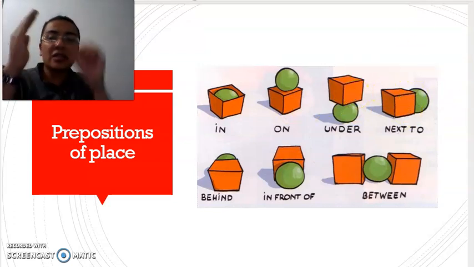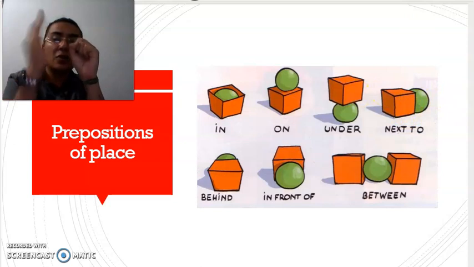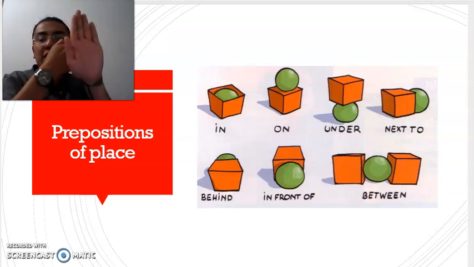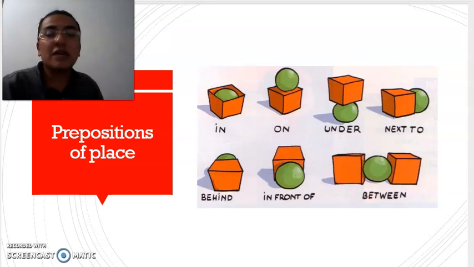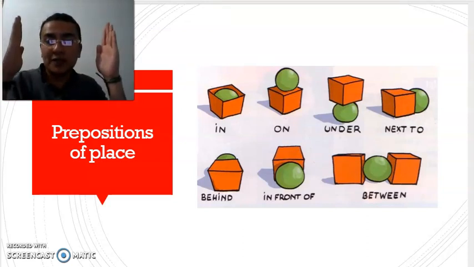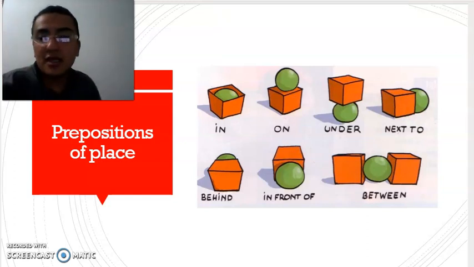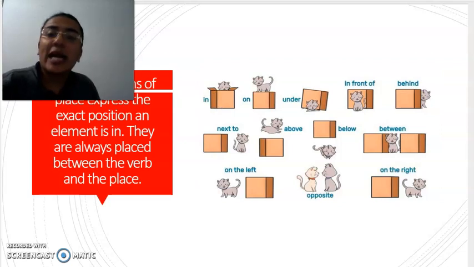Next to, it is beside the object. Then we also have behind, which is getting behind the object. We also have in front of, and we have between. So let's suppose that my face is between my hands, alright? Okay. We have this.